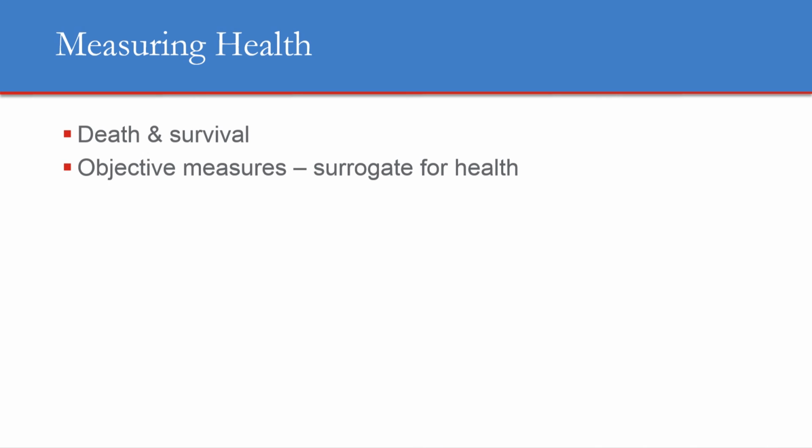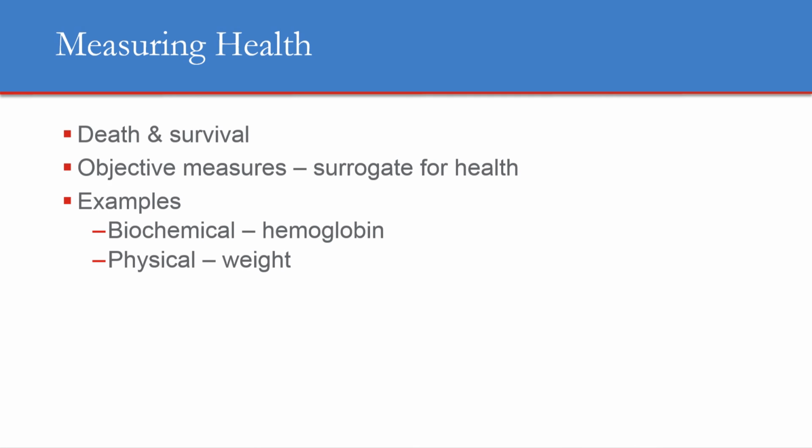We may measure health objectively by using surrogates for health. These may take the form of biochemical changes, such as measuring hemoglobin, physical, for instance, assessing the weight of a subject, physiologic, such as the use of EKG, or biological, such as the use of cell numbers, for instance, neutrophils, which can be indicative of an infection.